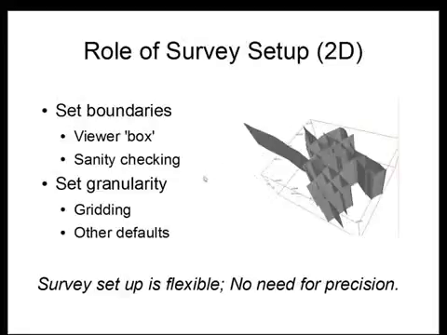And that basically means that we make some kind of pseudo 3D setup, and so the role is basically to set the viewer box, and it's also for sanity checking, because very often we have to check, is something really right, like a well coordinate or horizon stuff, or also lines. If it's further than 10 times, let's say in that direction, 1, 2, 3, then we just reject it.